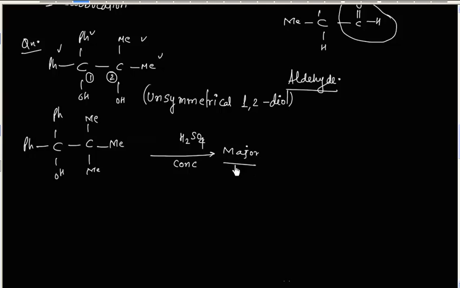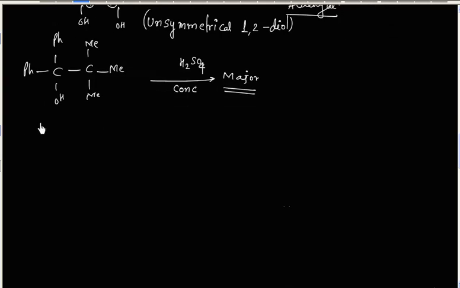Now you may remember in the first step, we generate the more stable carbocation. So initially, we have to generate the more stable carbocation.